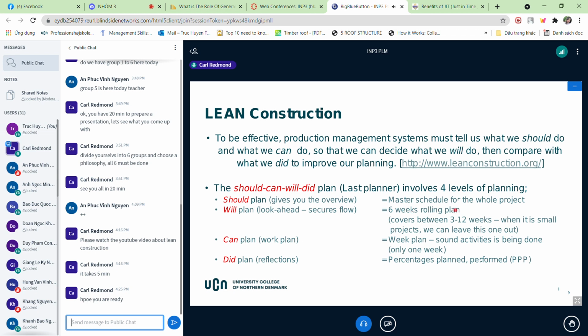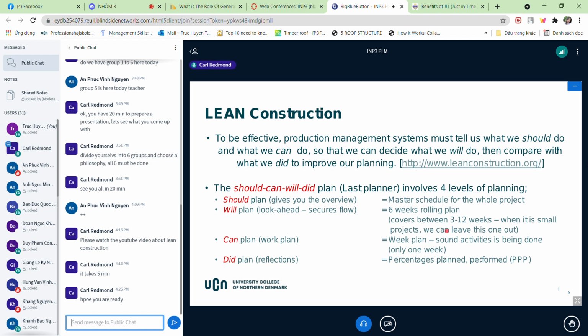And now this can actually be done in a 6-week rolling plan. So it's a continual plan over 6 weeks, but it could cover from 3 to 12 weeks as well. This makes sure that we have an actual flow in our construction company and actually the production line.